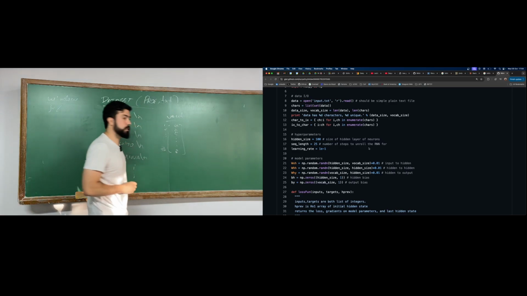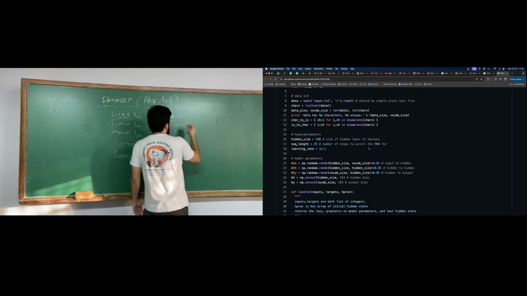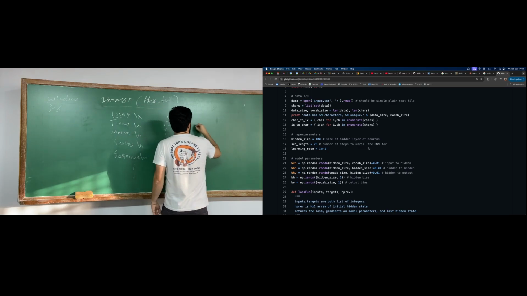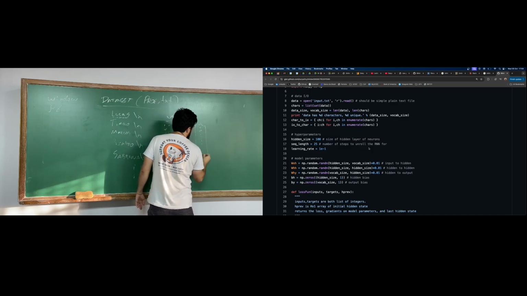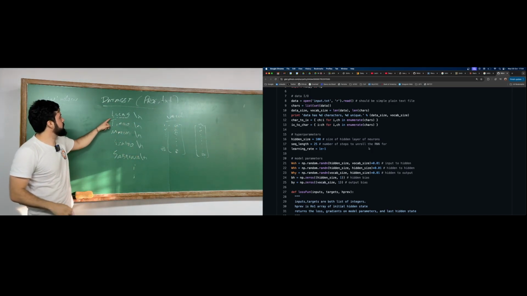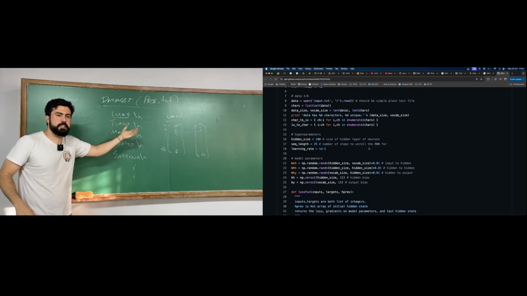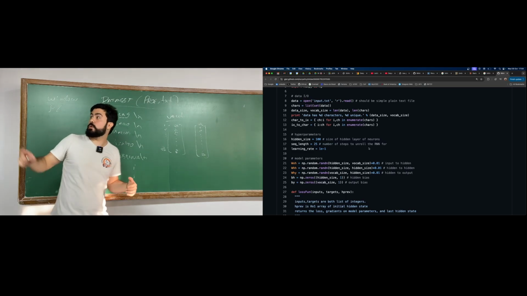I don't know, 24, 26. So then you can represent the character A with this vector, 1, 0, 0. And you just run the same model, but now on the character level. You predict the next character given the previous characters. Okay? This is what this network is doing.